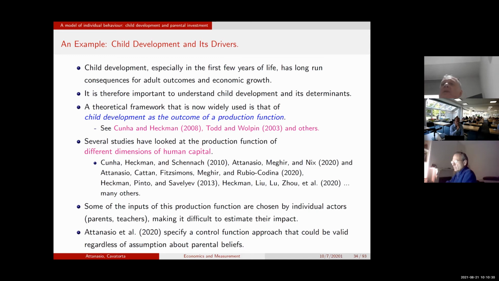And for time investment, there was a neat piece of work. We had information on the prevalence of armed conflict in the town at the time the mothers were adolescent.